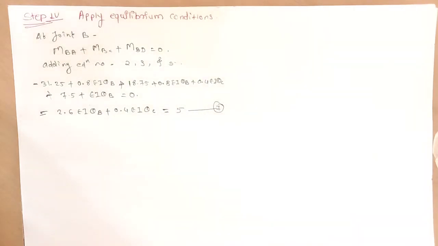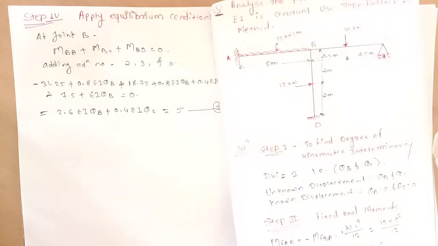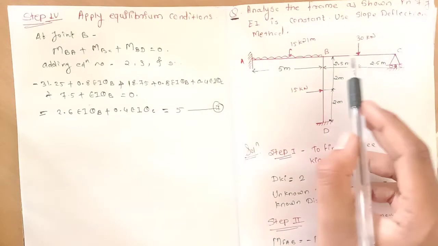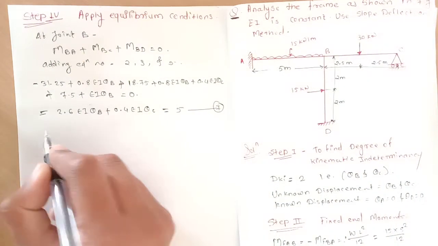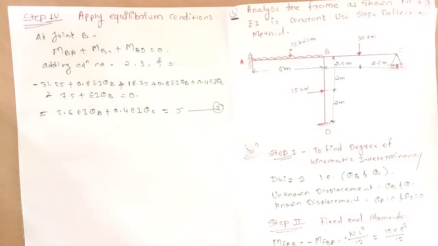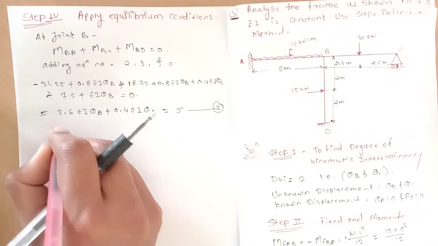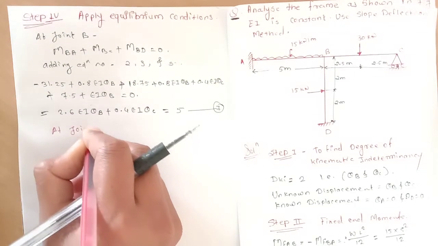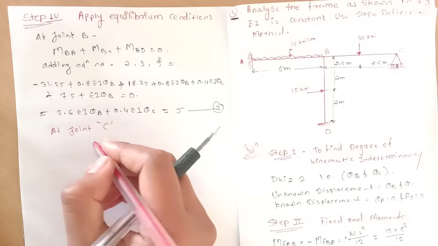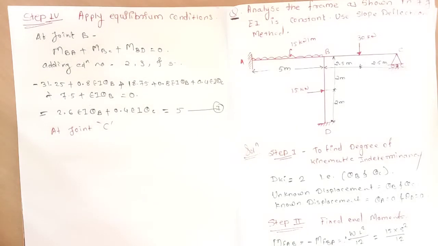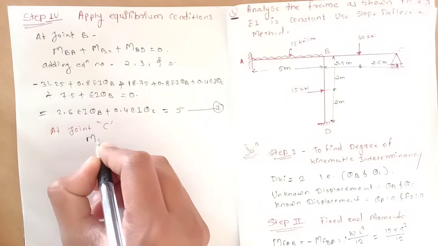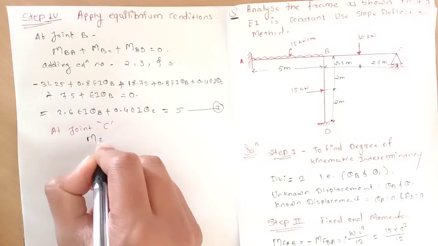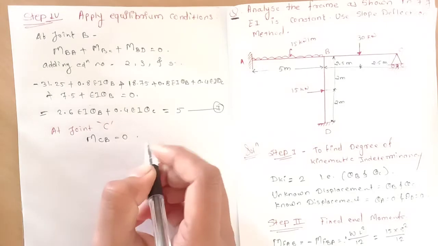Then next, apply equilibrium condition at joint C. Here at joint C only the BC member is present. So apply equilibrium condition at joint C, that is, the slope deflection equation at member CB is equal to 0.